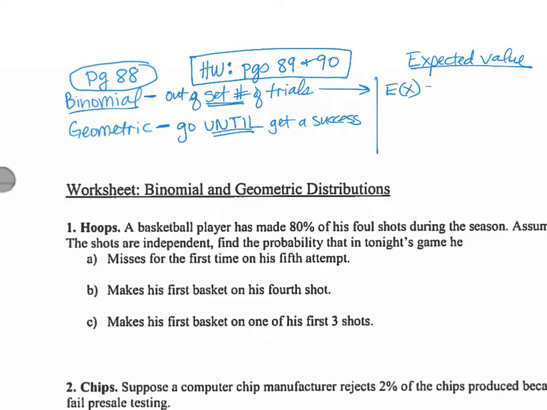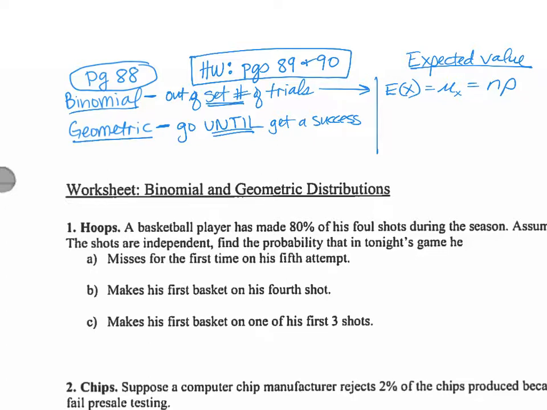Well, expected is the same as the mean. And, of course, we know from yesterday that that is your n times p. So out of 50, half of those are going to be heads, I would expect there to be 25 heads on average. And so it could be a decimal value. That formula is on the formula chart, as we saw yesterday.